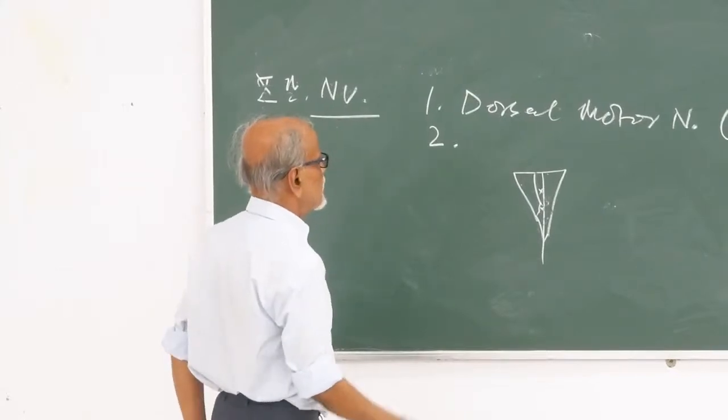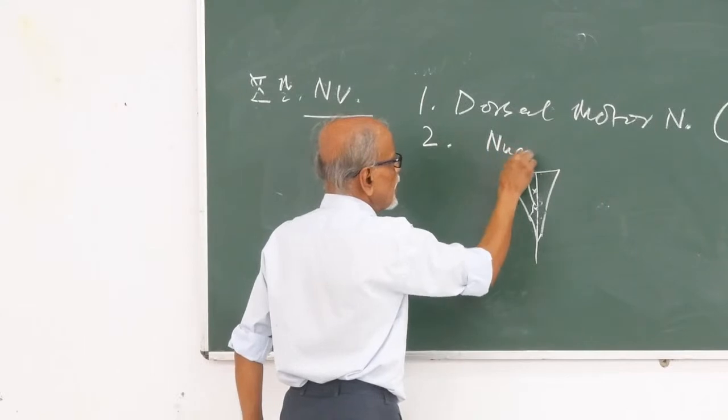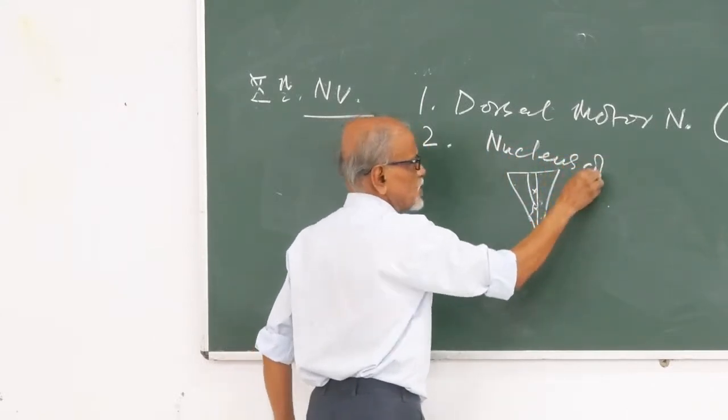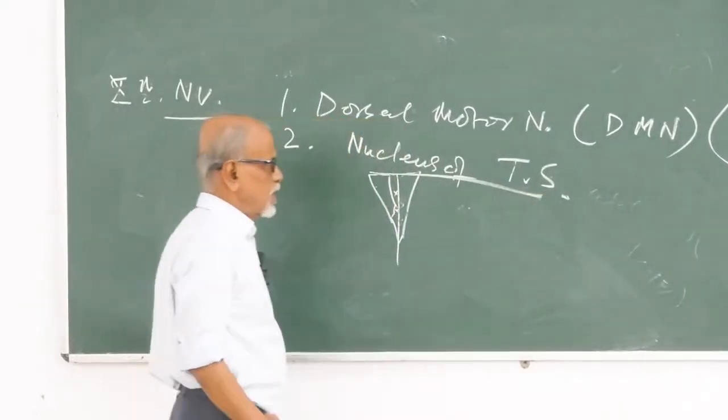আচ্ছা, next, after the dorsal motor nucleus, the next nucleus of importance for the 10th nerve is nucleus of tractus solitarius. Nucleus of tractus solitarius.